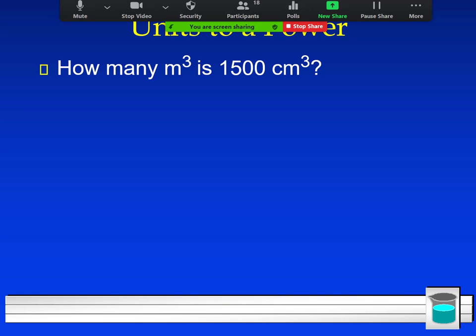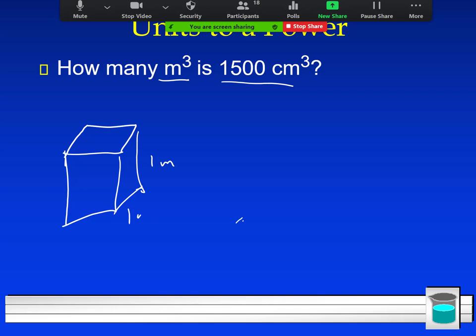Okay? One of the problems we run into doing this is, what do you do with cubes? Because a meter cubed, how many meters cubed is 1,500 centimeters cubed? We're talking about a cube where every side's a meter, which would mean every side was 100 centimeters.